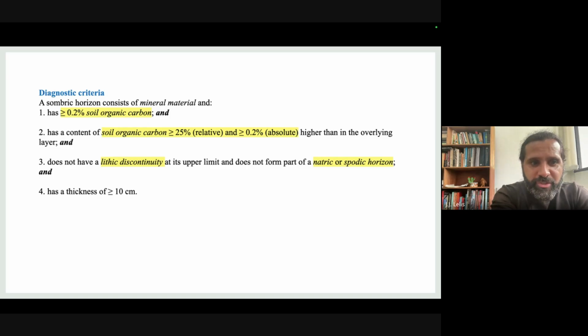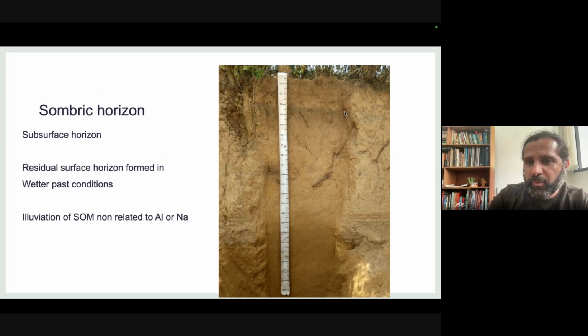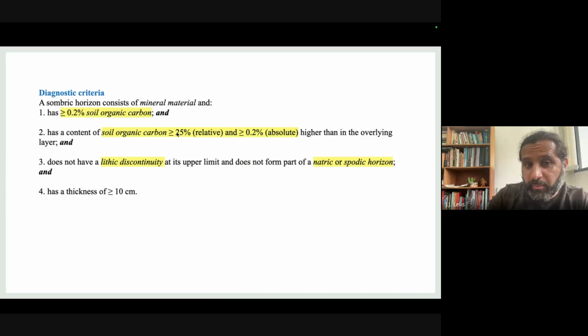And it should register a content of organic carbon that is equal or higher by 25% in a relative way and 0.2% in an absolute way than the overlying layers. So when I compare the organic carbon content in this specific horizon, it should be higher than these overlying horizons. How much higher? 25% in a relative way and 0.2% in an absolute way. So I just need to compare the contents, okay?